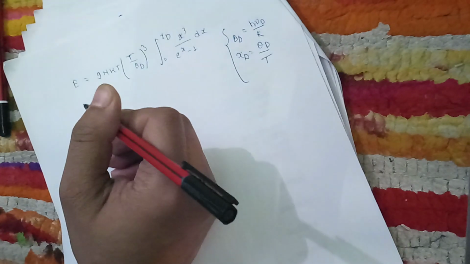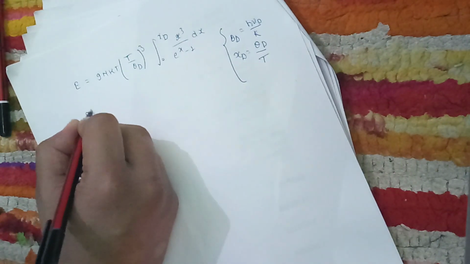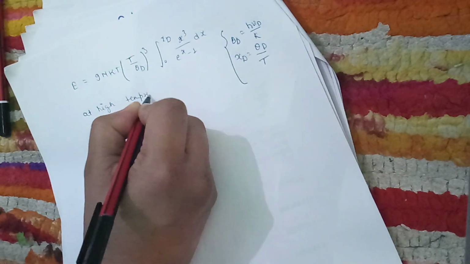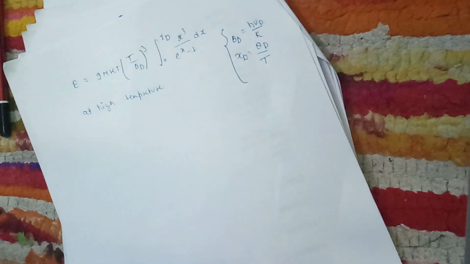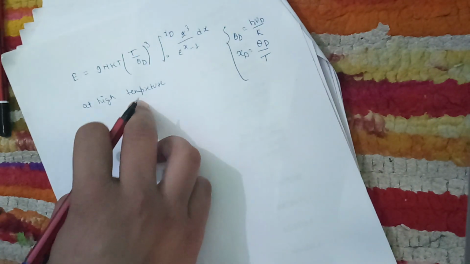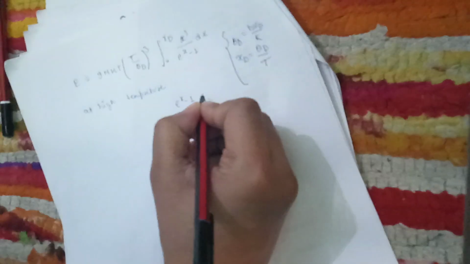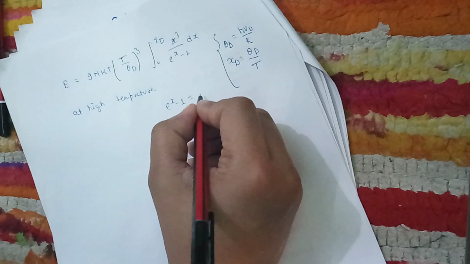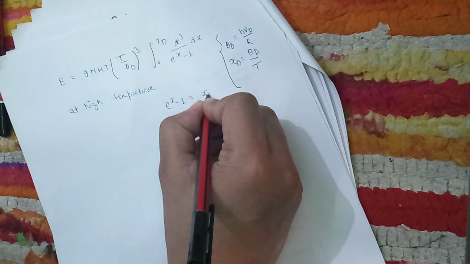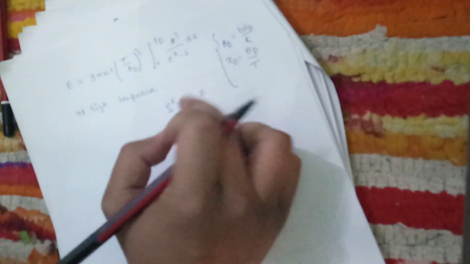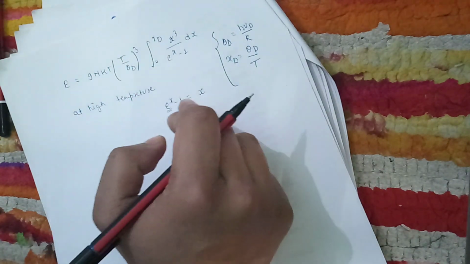Okay, now we go on. As we know, at high temperature, e to the power x minus 1, if we expand it, will become x, ignoring all the higher terms.